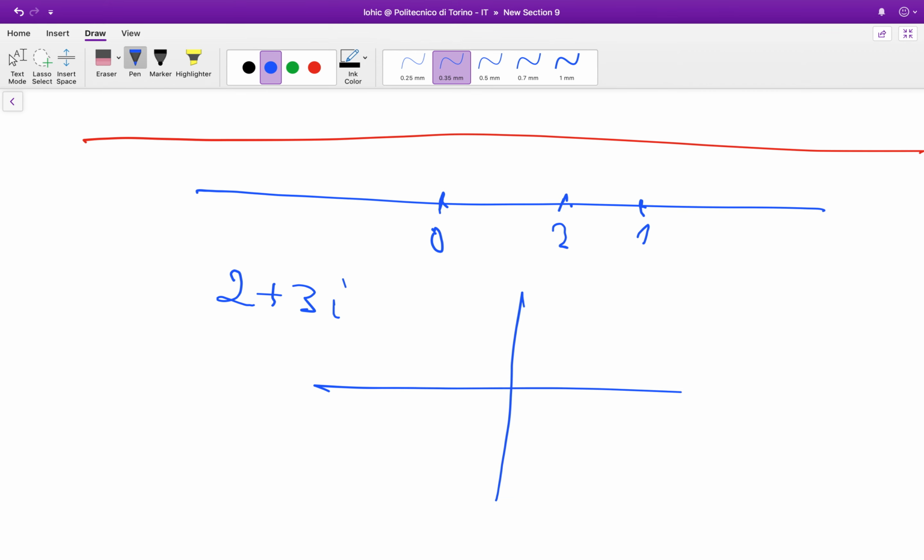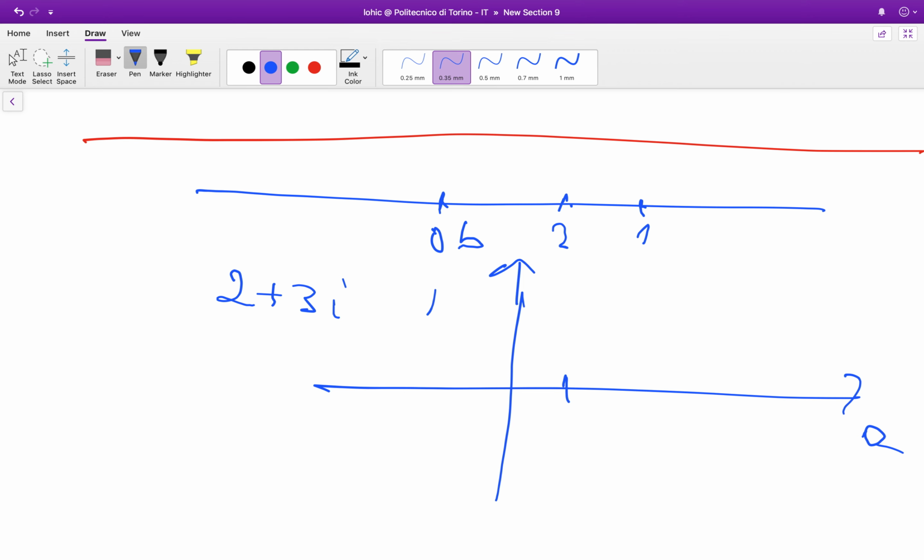I hope that some of you know Gauss, the mathematician. Gauss said, okay, let's represent a complex number in a two-dimensional plane, where this axis here is the a and this one is the b. Is that clear? So we have 2 for a and 3 for b, yes or not?